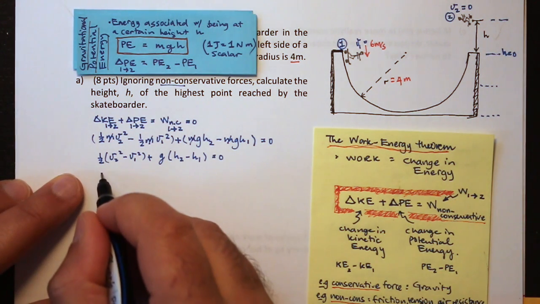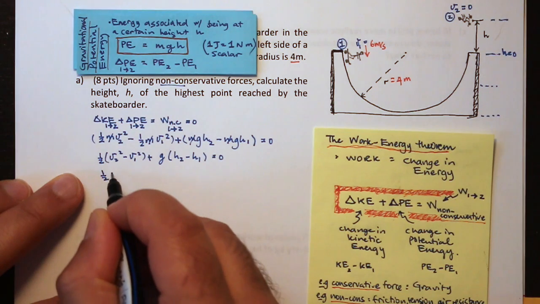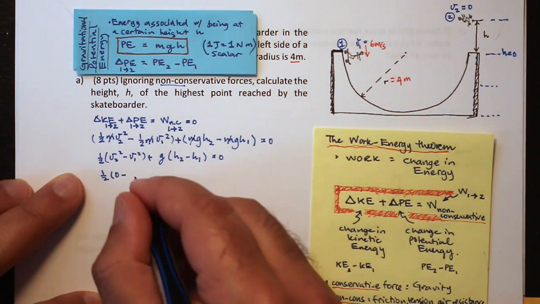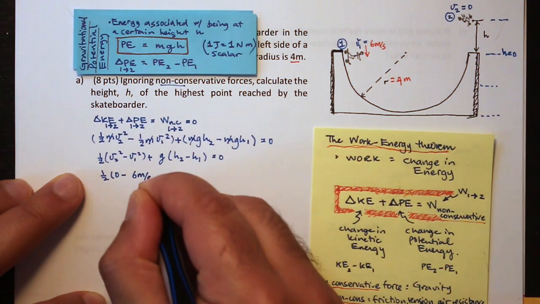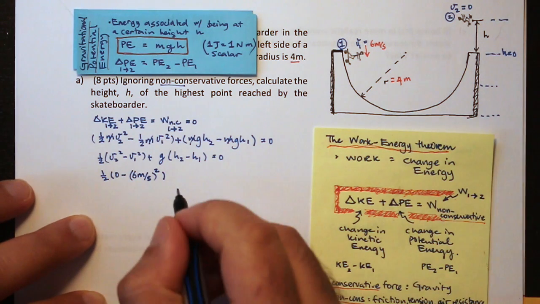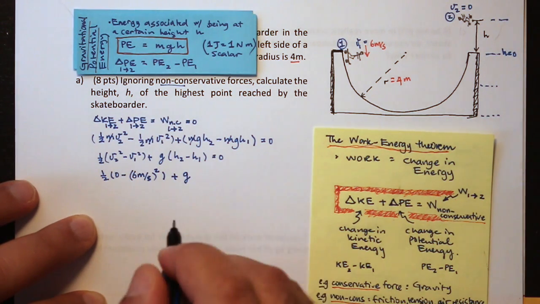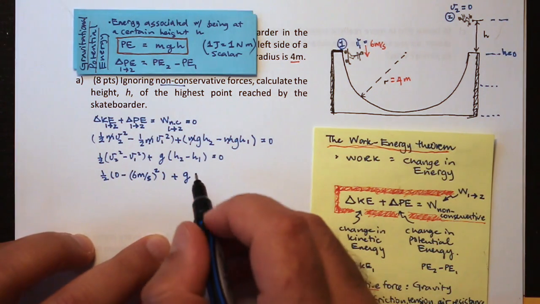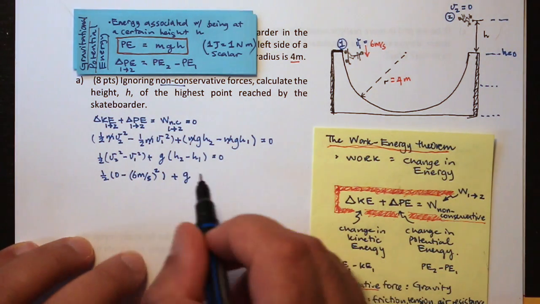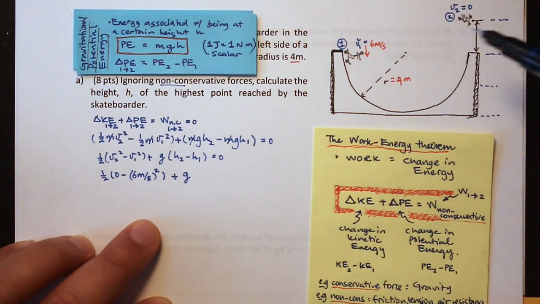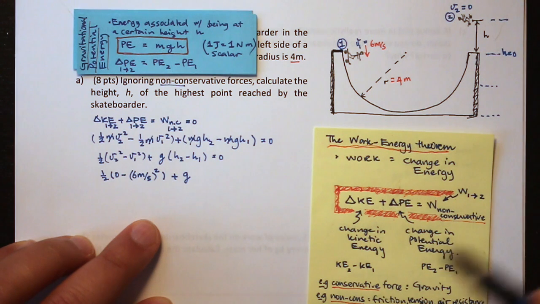So then I know that this will be equal to half 0 minus 6 meters per second, all squared, plus g, which is 9.8 meters per second squared, multiplied by the difference between the two heights, the height 2 minus height 1, and that's straight up h.